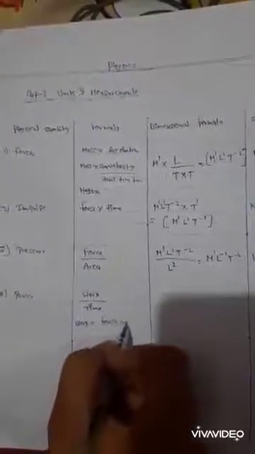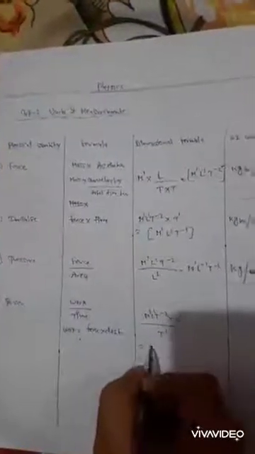As we know, work is also force into distance, so the dimension of work will be M1 L1 T minus 2 multiplied by distance, that will be L1, and for time it will be T1.